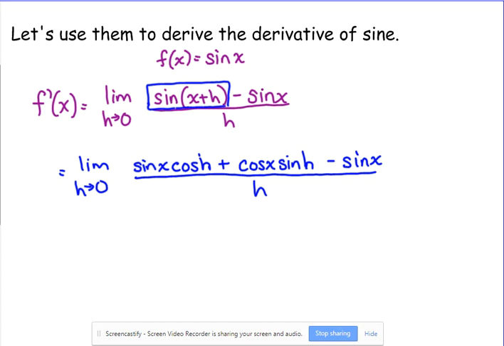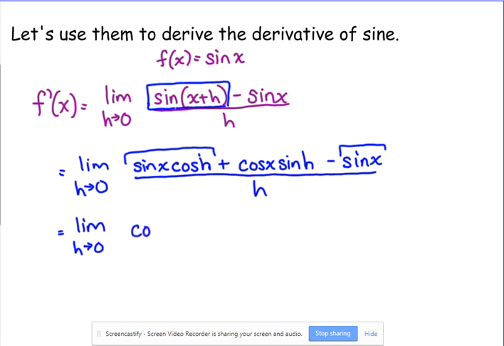Okay, now let's see what we've got here. These two terms right here have the sine of x in common, so we are going to pair them together so that it's in a more convenient form for us.